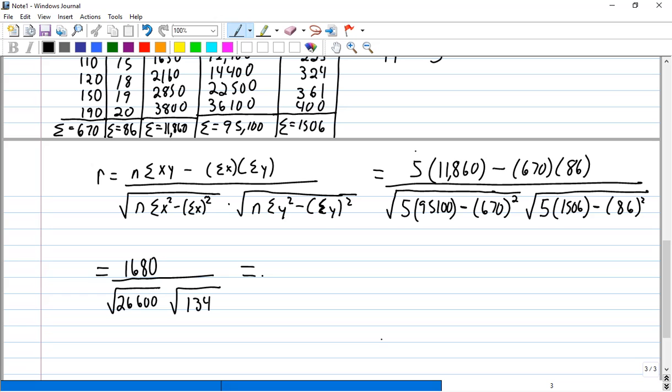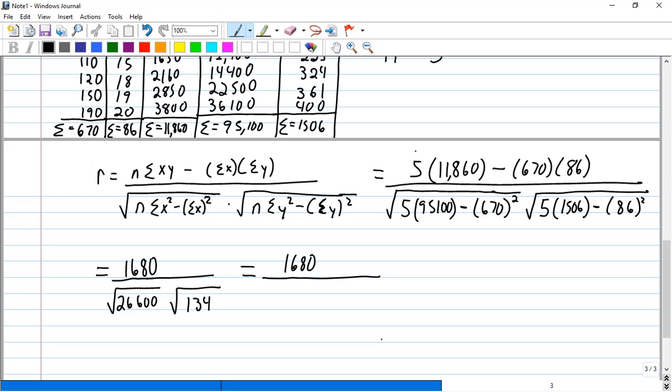Alright, so now what I would probably do is work out the denominator, and you're going to get a decimal, but I would carry that decimal out about 5 or 6 places when you work out the square root of 2660 times the square root of 134. Or 26,600.